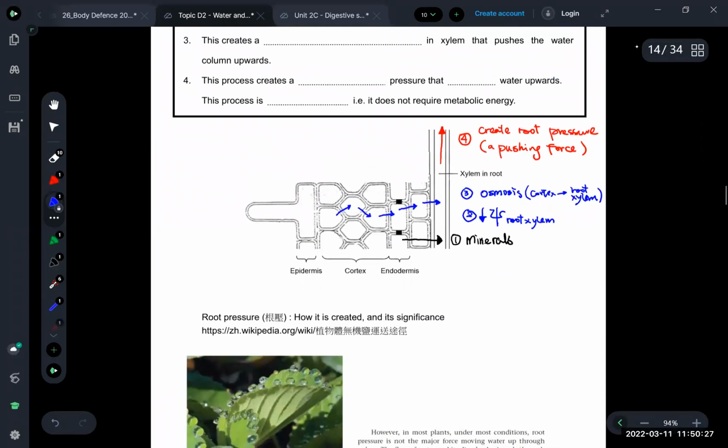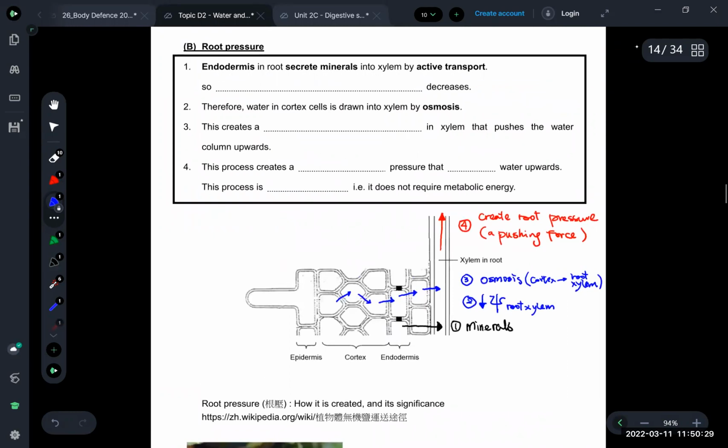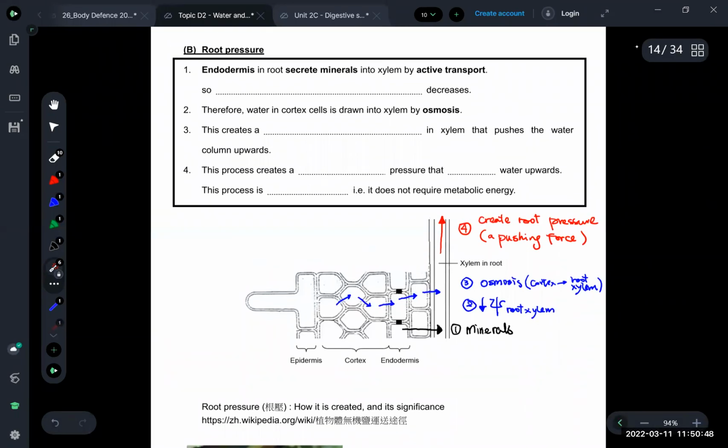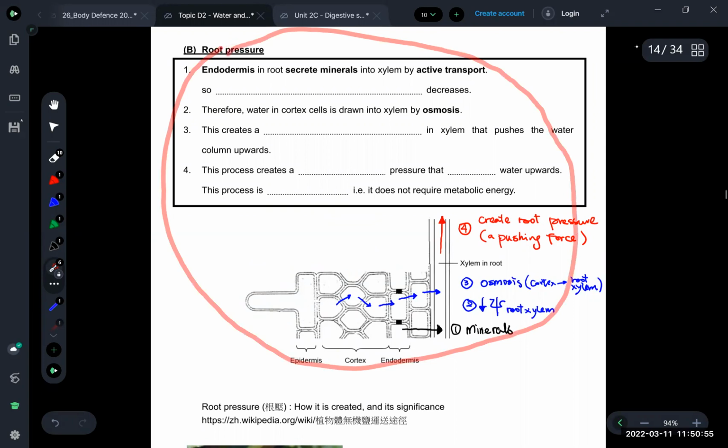You have to imagine that this pressure is quite weak. This small change in water potential, this building up of water, the size of this force is very, very small. So this force alone cannot explain why the water can move up so tall.